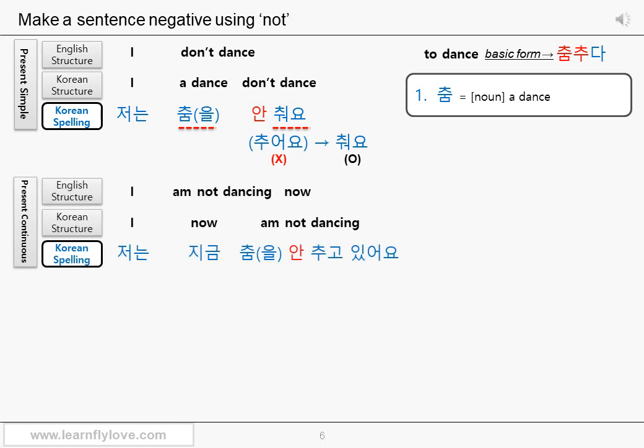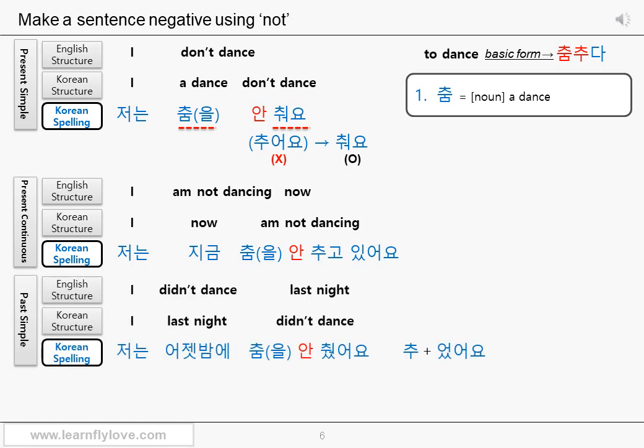Present continuous tense. 저는 지금 춤을 안 추고 있어요, rather than 저는 지금 안 춤추고 있어요. Next example, I didn't dance last night. Past tense. 저는 어젯밤에 춤을 안 췄어요. You know how the stem 추 plus the past tense ending 었어요 becomes 췄어요, right?